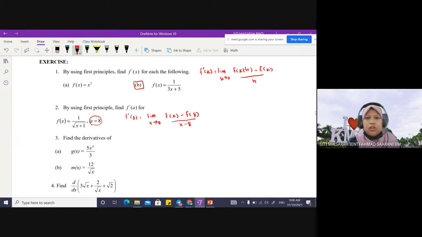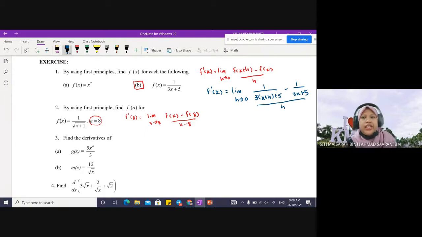Okay, kita tengok yang B ni, kalau kita ganti f prime x equals to limit h approach 0 fx plus h, dia akan jadi 1 over 3x plus h plus 5 minus 1 over 3x plus 5 over h. Okay. Kalau yang ini agak-agak kita nak guna expand ataupun multiply with conjugate.